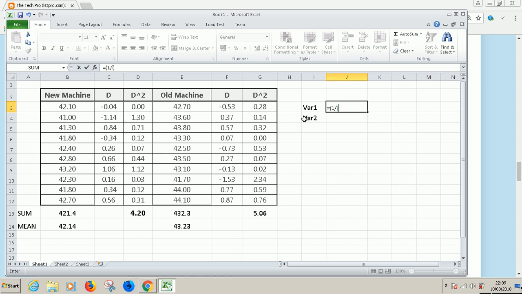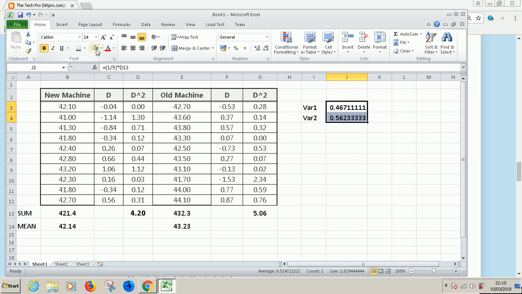So 1 over 9 times this times this. Okay, so for the second one it is equal to 1 over 9 times this. So that gives us the two variances that we are looking for.